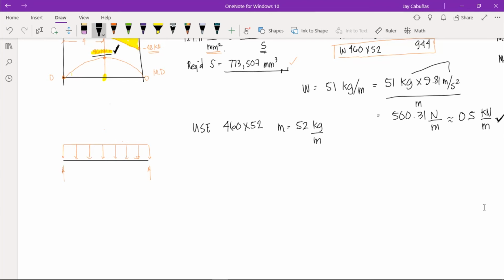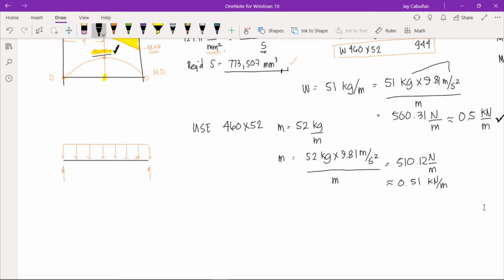So we convert it again to kilonewton per meter. We have 52 kilogram times 9.81 meter per square second over a meter, which is equal to 510.12 Newton per meter, or 0.51 kilonewton per meter.